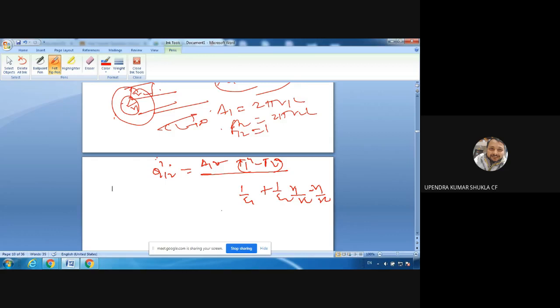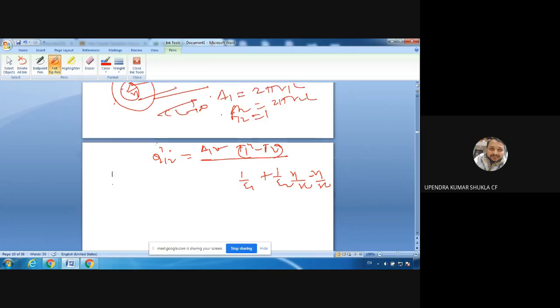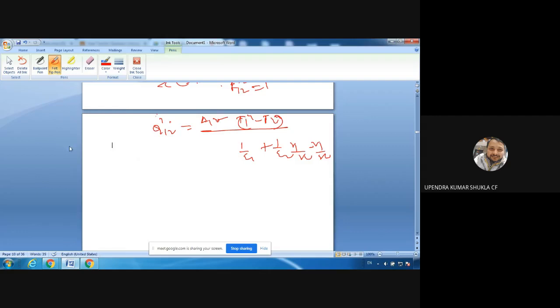Now another example, another problem. Find the net rate of heat transfer for a small convex surface encompassed by a large cavity. So this is the small convex surface, surrounded by a large cavity, and you have to find the net rate of heat transfer.